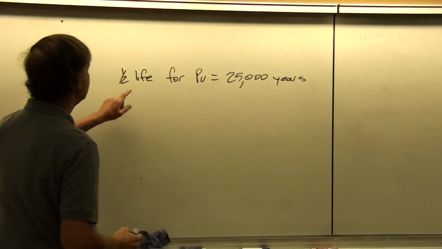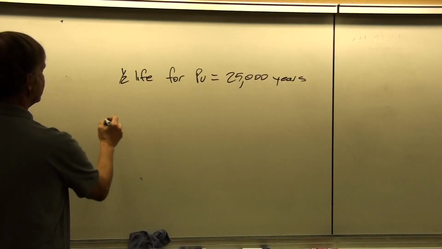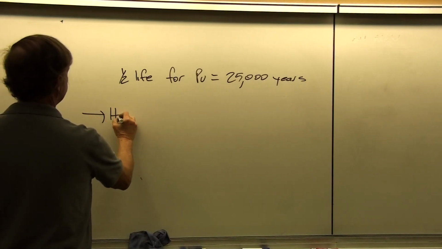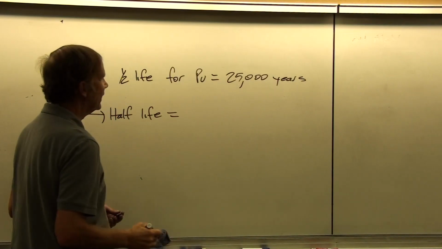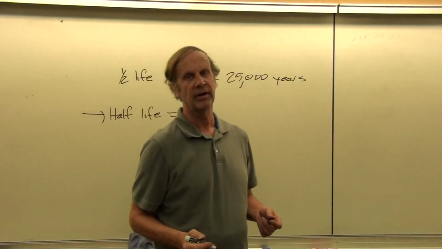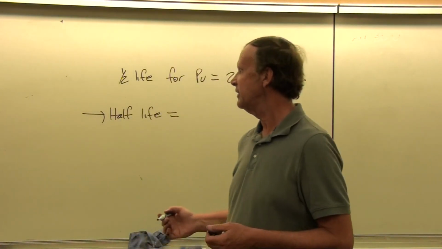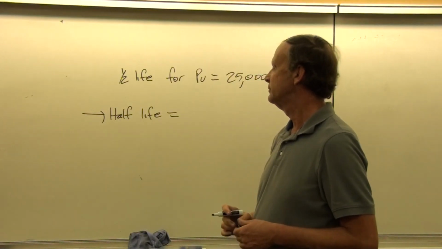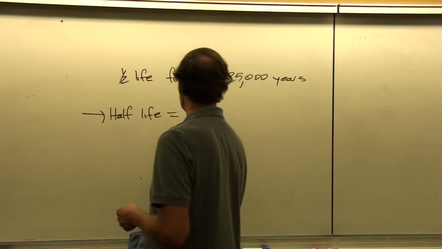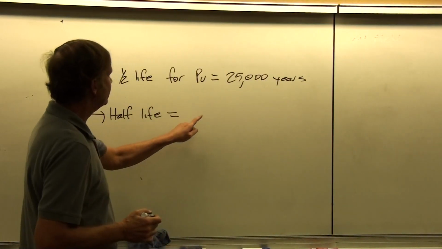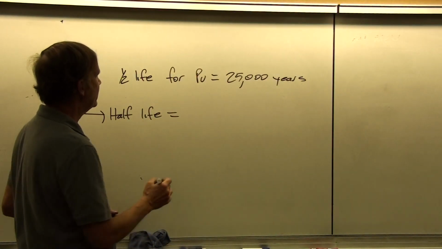Now, I haven't really defined clearly what I mean by the half-life, so let me do that here. This is the amount of time that it takes statistically and randomly for a given atom to decay in such a way that half the sample will have decayed after the half-life time period.